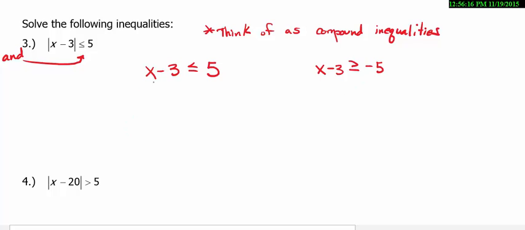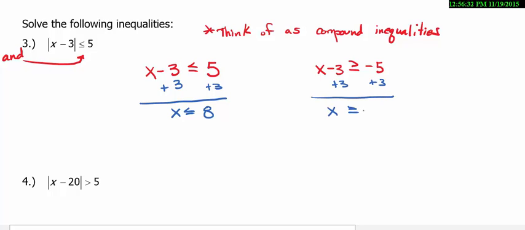Now we solve these just like we would any type of equation. Add the 3, and what we get is x is less than or equal to 8. In the negative case, we add the 3, and we come up with x is greater than or equal to negative 2. The word and should be used here, and that will be our solution.